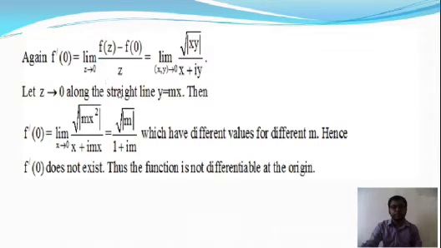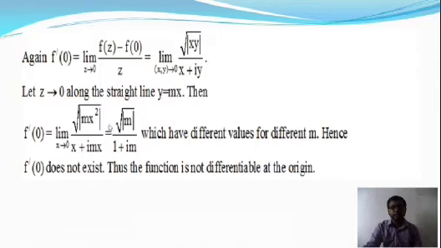So what is the limiting value of f dash 0? If we put y equals mx in this expression, the limit as (x, y) tends to (0, 0) of root of mod of xy by x plus iy, we get the limit as x tends to 0 of root of mod of m x square by x plus i m x. After cancelling the term x in numerator and denominator, we get root of mod of m by 1 plus i m. This is the expression of f dash 0.